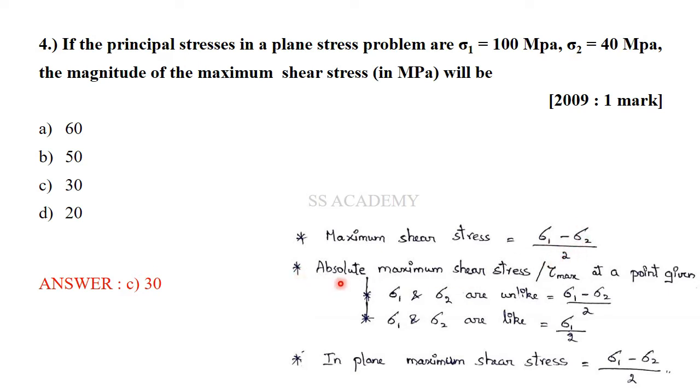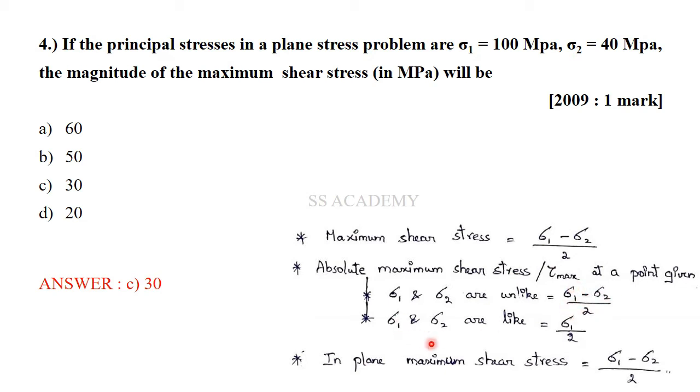But if they have asked the absolute maximum shear stress or tau max, that is the maximum shear stress at a given point, or the maximum shear stress in the whole component, then the way of calculating uses sigma 1 and sigma 2. Here we have two conditions. If the principal stresses are unlike, that is one tensile and one compressive, the same formula for maximum shear stress is applied.